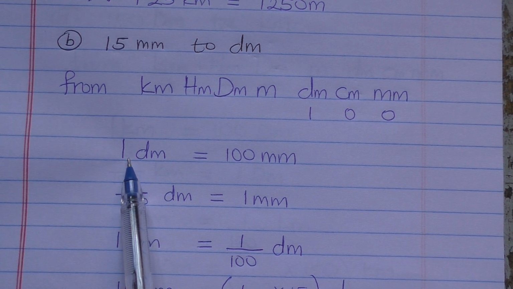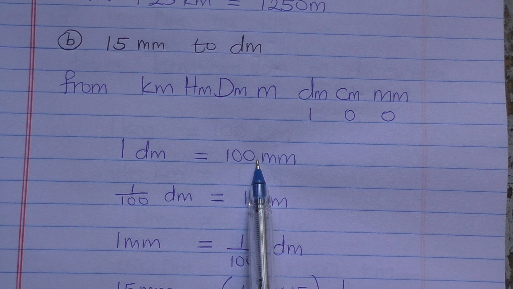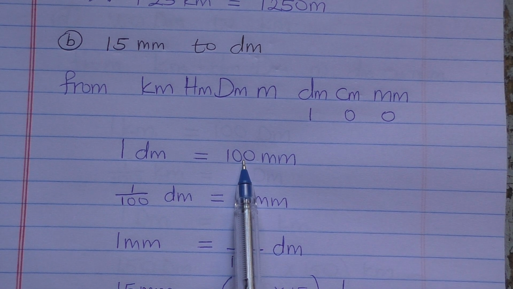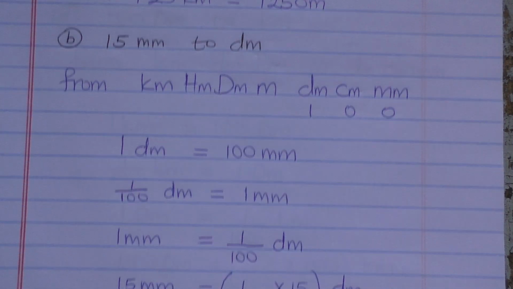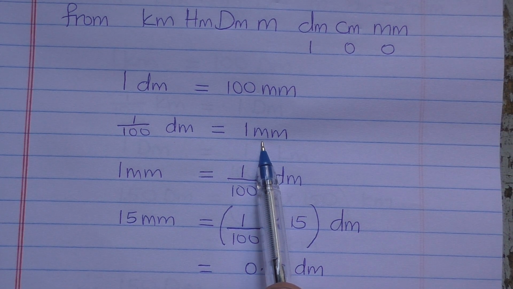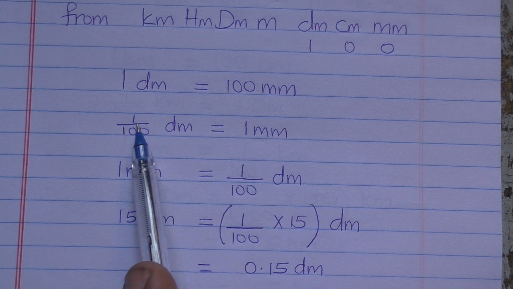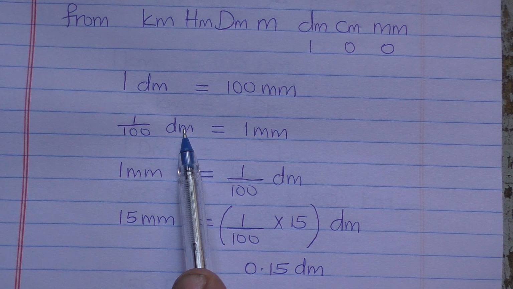Since 1 decimeter equals 100 millimeters, I'll divide both sides by 100 to give me 1 millimeter being equivalent to 1 over 100 decimeters.